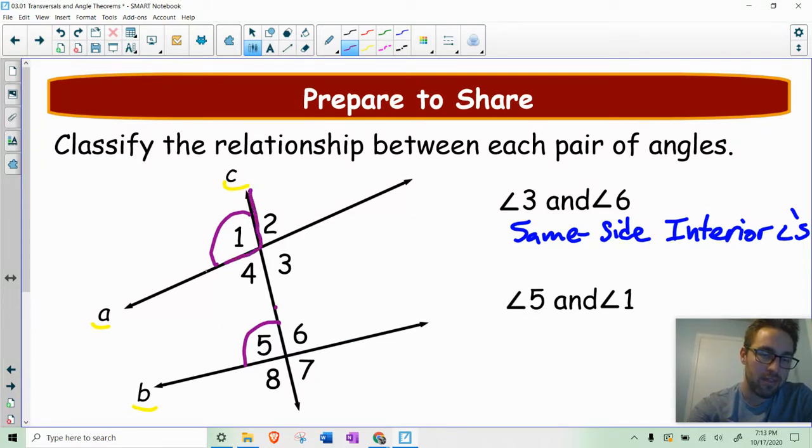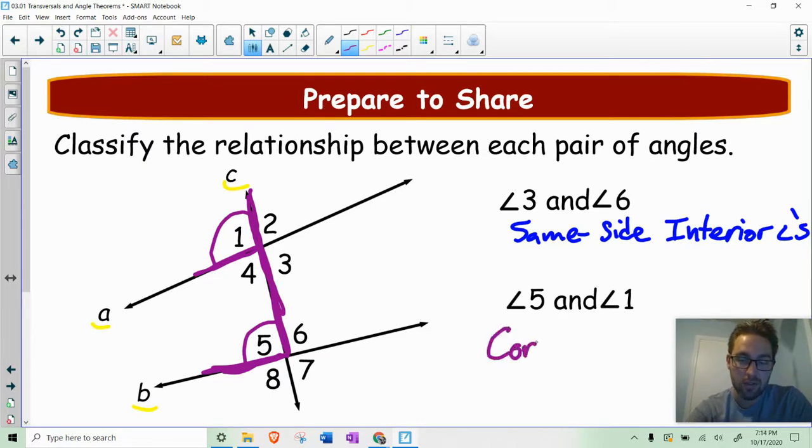So that means that if we're looking at this angle and that angle, well, that starts to form this, which if we turn our heads the right way, it looks like a letter F. So it's got that relationship, and that relationship is corresponding angles.